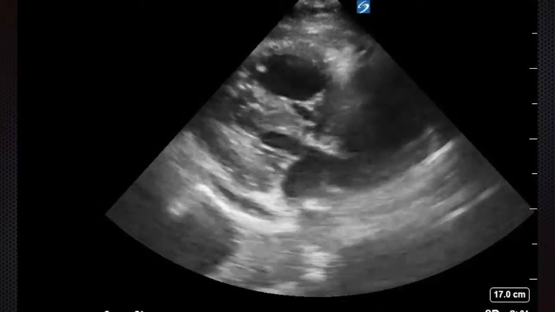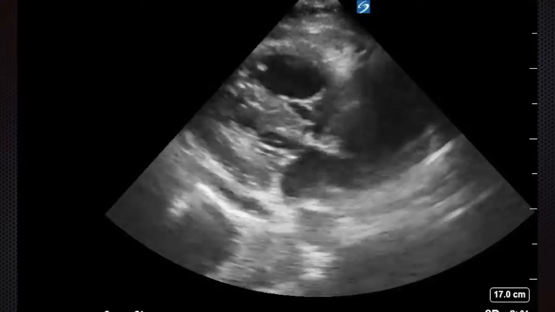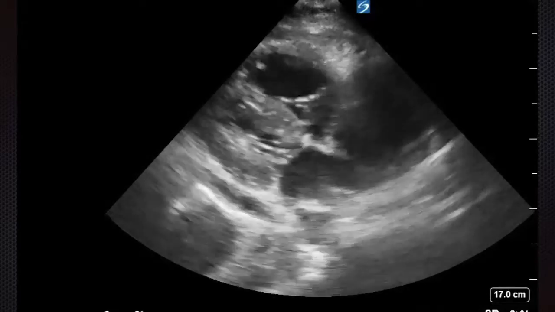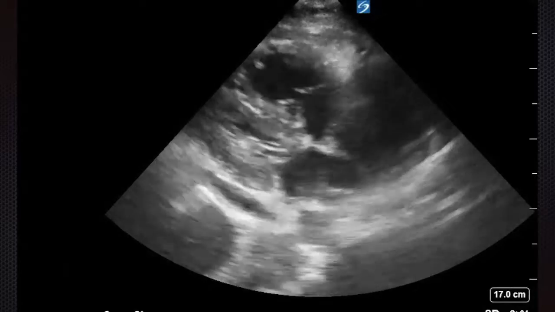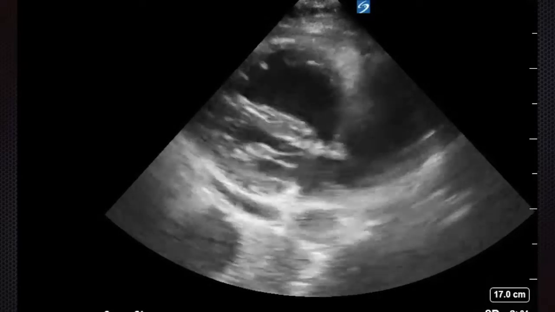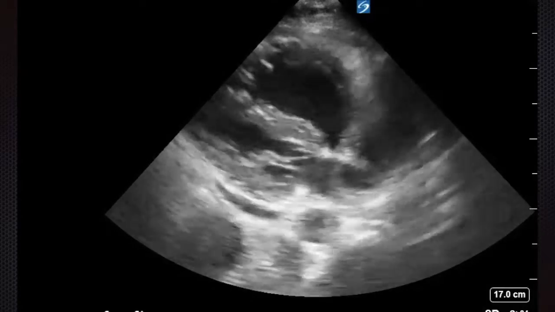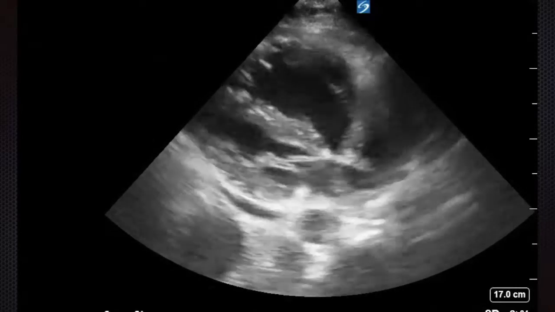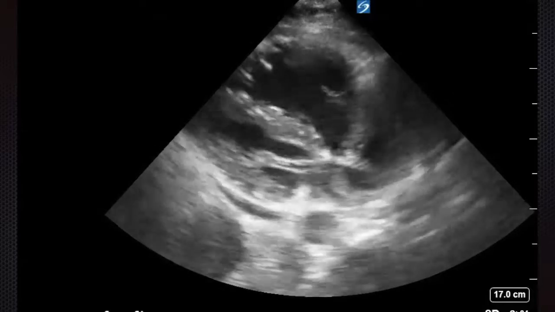Now sometimes you may see things that look like a pericardial effusion but could be a fat pad, and fat pads often show up as similar. They're very dark, but they may have little speckles in that can look like a starry night. So if you think about looking in the sky on a pitch dark night, looking at the stars, fat pads often look like that as opposed to completely black.